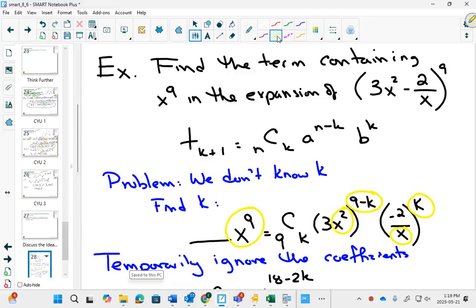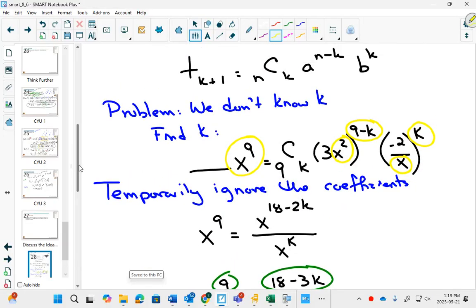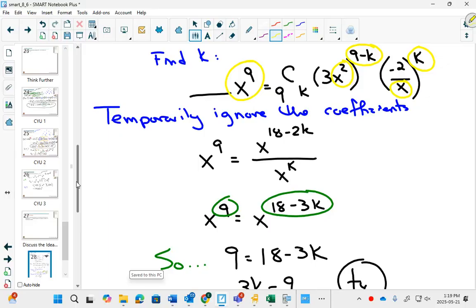And so if we temporarily ignore everything that affects the number out in front, which is all of the coefficients, and just think about the x's and their exponents, well, this x squared to the 9 minus k becomes x to the 18 minus 2k. And this x to the k would have an x to the k in your denominator. Exponent rules say when you divide with the same base, you subtract. So we get x to the 9 equals x to the 18 minus 3k, and that tells us those two have to be the same. We can now solve for k.